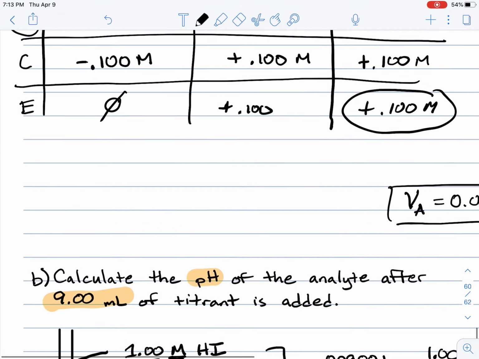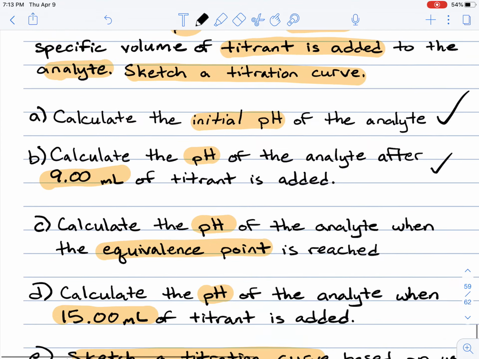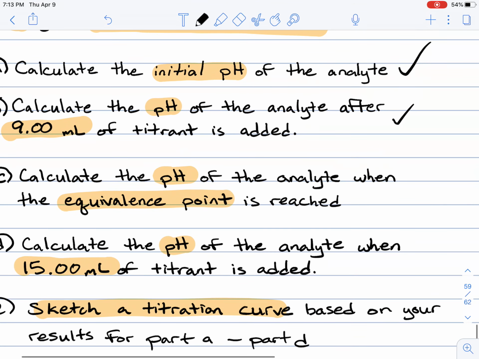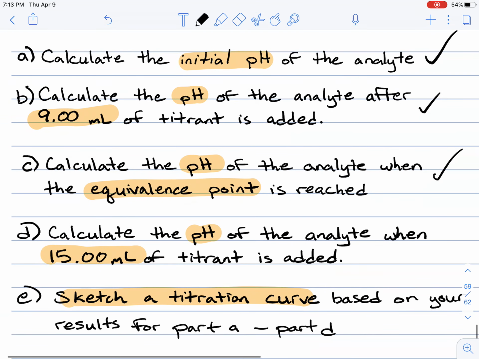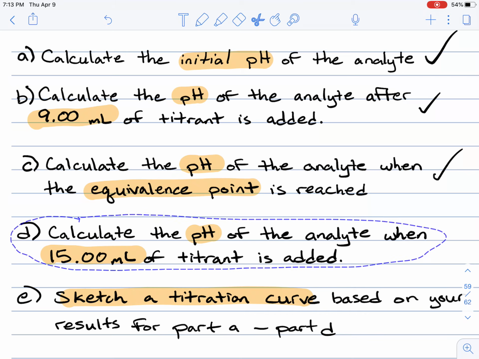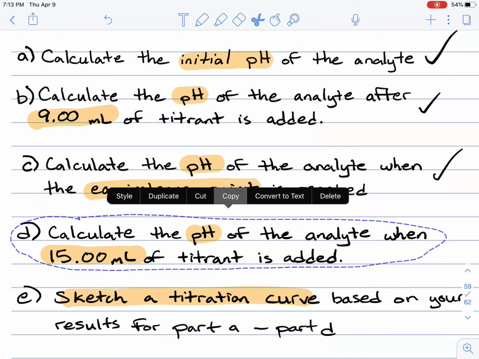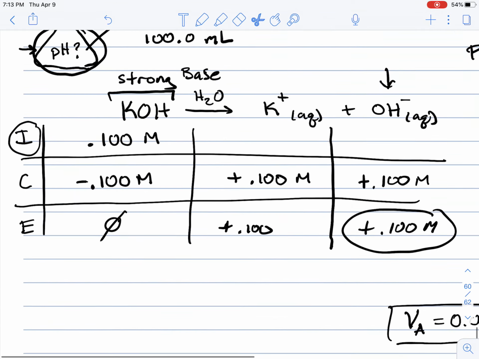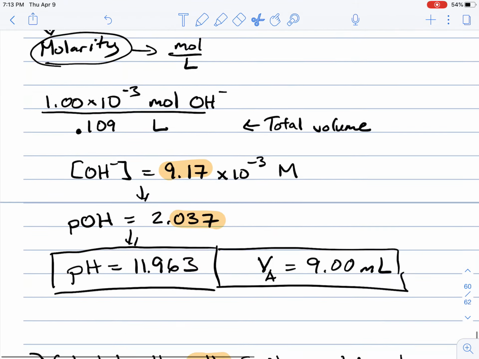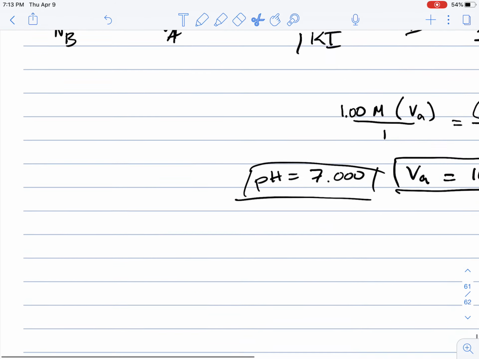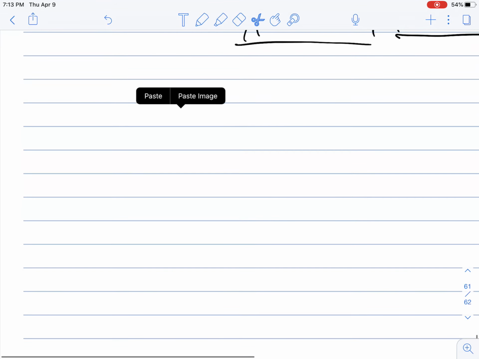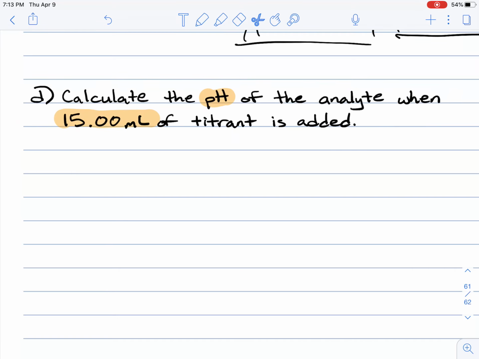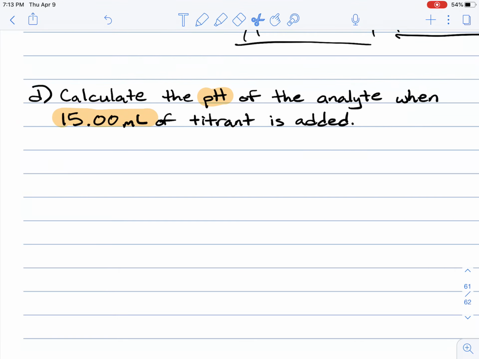All right, so let's look at our list. We solved part C. So the last thing that we need to do is solve part D. Okay. And once we have these 4 points, after we solve for part D, then we're going to go ahead and use the result from A through D to sketch our titration curve.